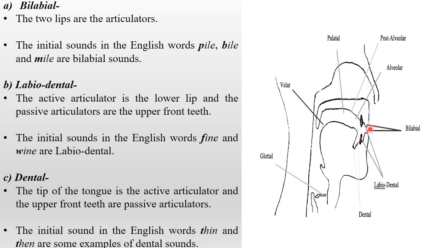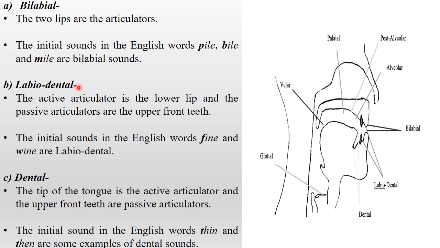The bilabial sound means two lips are used. Which sounds are bilabial? The initial sounds like p, b, m, where both the lips come in close contact with each other. That is known as bilabial sounds.